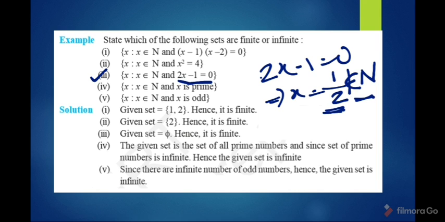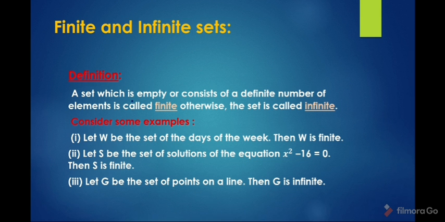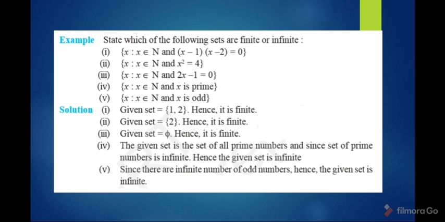That means this set contains no natural number. That's why the given set will be the null set, and you will denote it by phi. Now if you look at the definition of a finite set, you can see that the empty set is also considered a finite set, right?